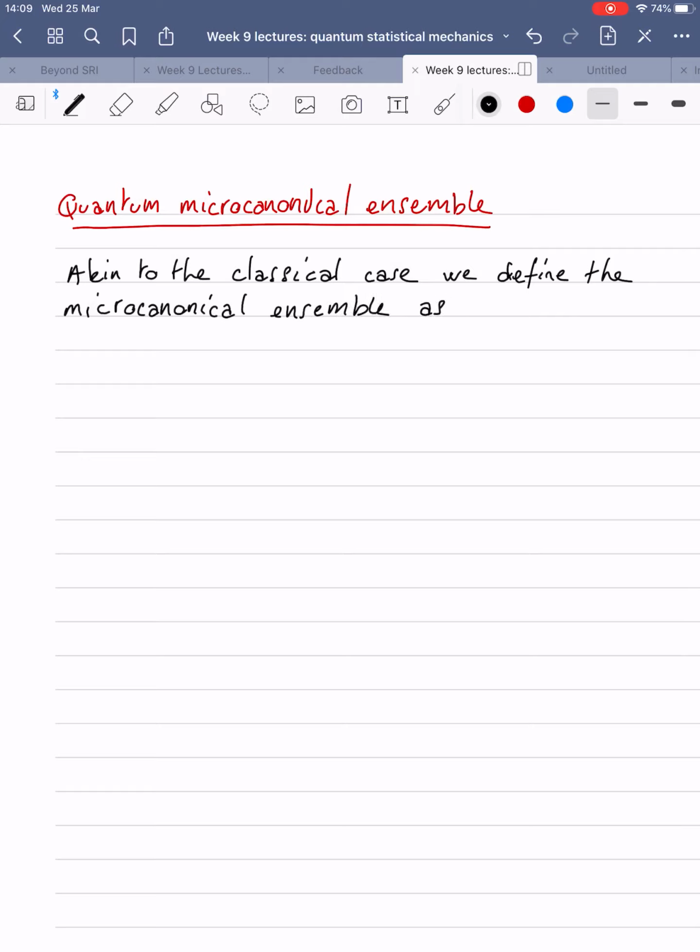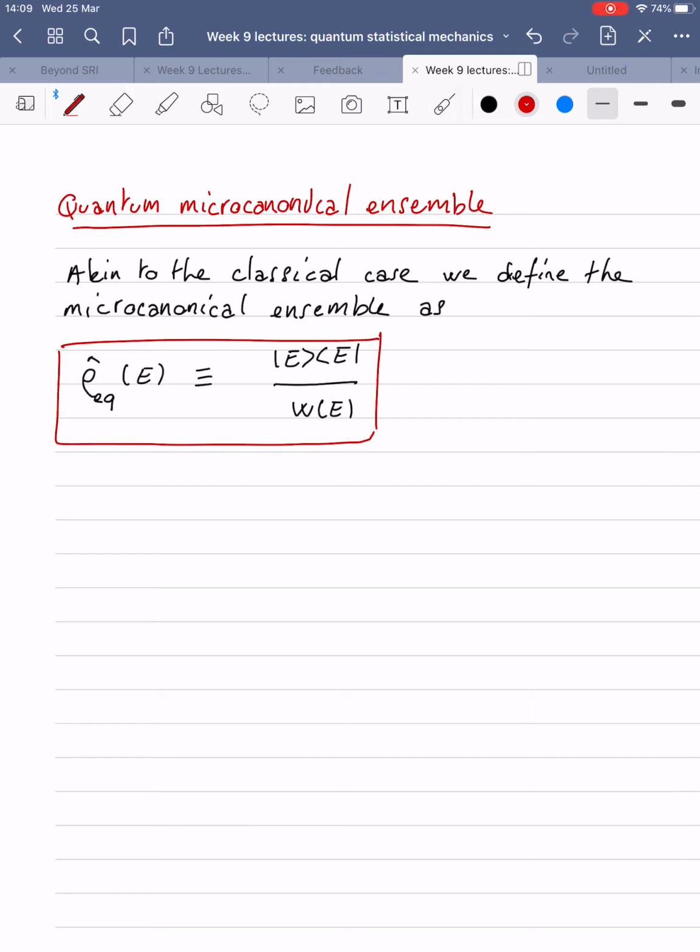So we define the microcanonical ensemble as rho, the density matrix, which depends on the parameter E, and this is equal by definition to the projector onto energy E, divided by something that I call W of E. Of course, I need to explain what these things are.